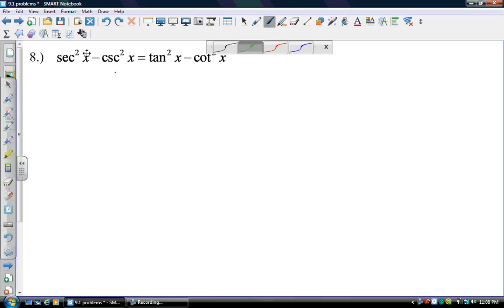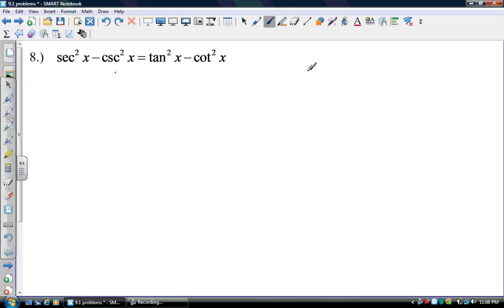And here's what I was thinking. I have secant squared here. In the end, I need tangent squared. Is there some link between secant squared and tangent squared? Well, it turns out there is. We had another Pythagorean identity that said, excuse me, let me rewrite that. I should write it in the order that I did it in class.